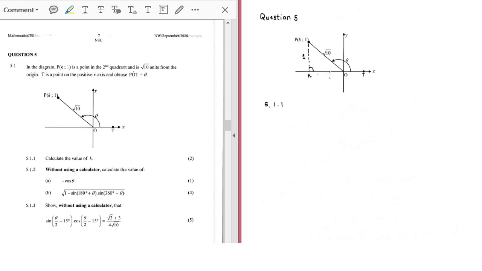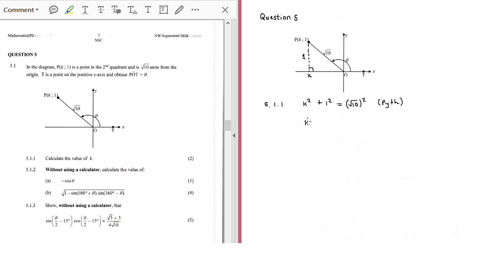So now you can see that you can use the theorem of Pythagoras here to evaluate this value of k. What does that say? You can basically say k squared plus 1 squared, so these are the two sides squared, must equal the hypotenuse squared, so the square root of 10 squared, and this is our friend Pythagoras.